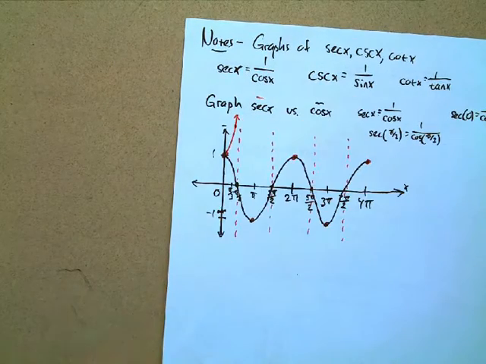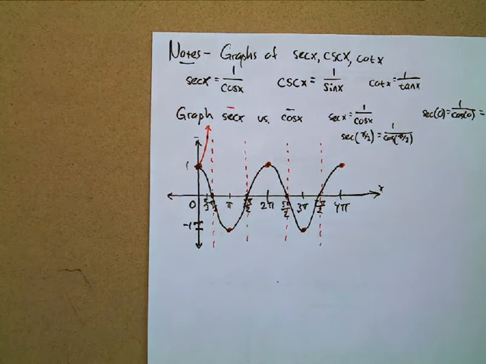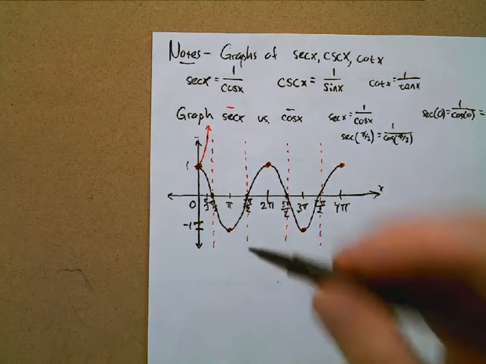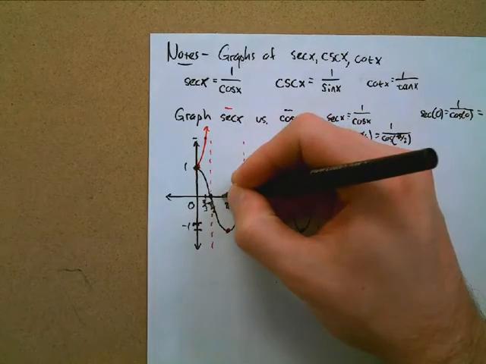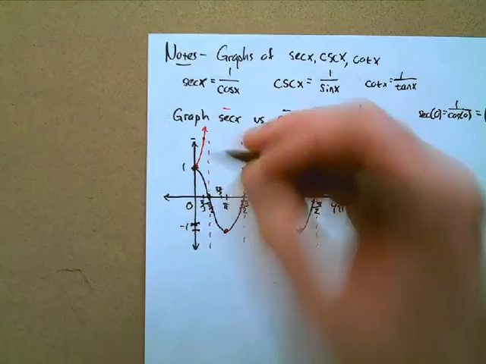Similarly, at 2 pi over 3, what's cosine of 2 pi over 3? That would be roughly right there. What's cosine of 2 pi over 3? -1/2.